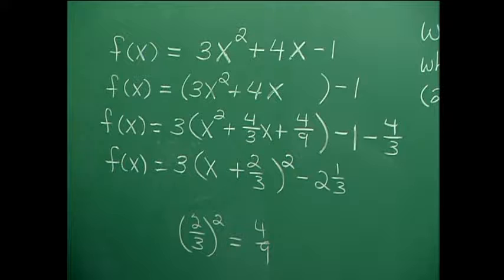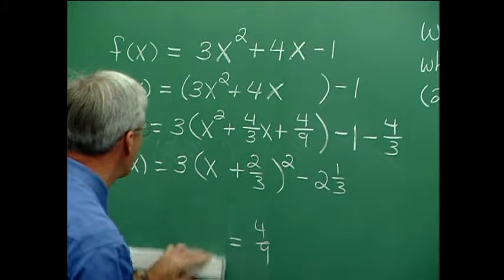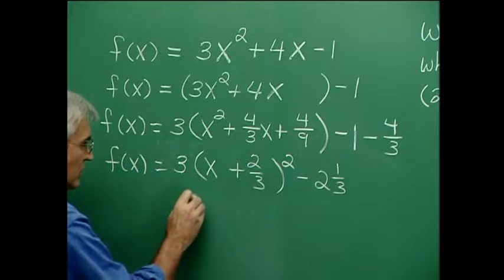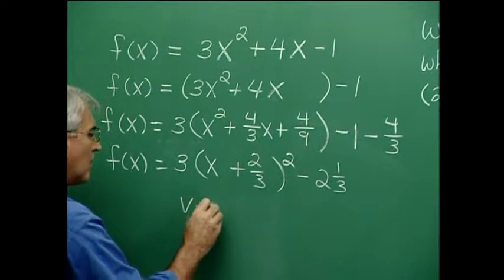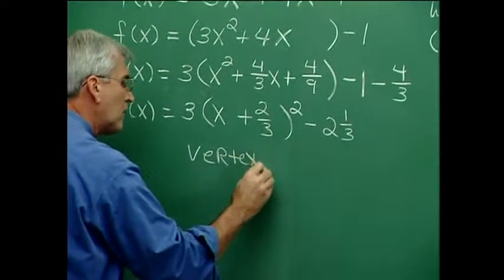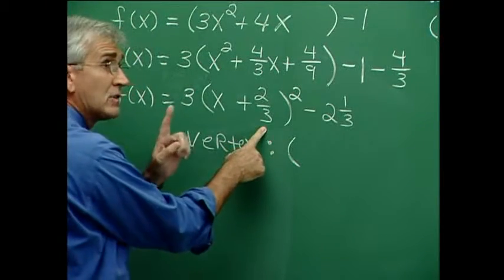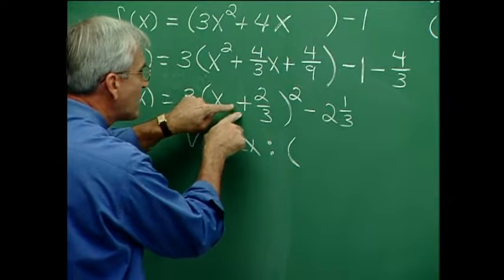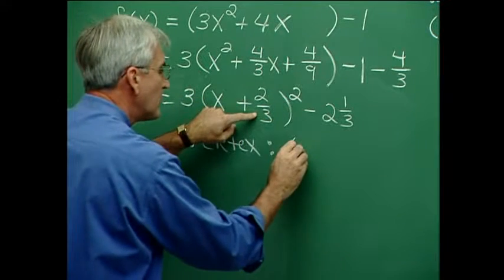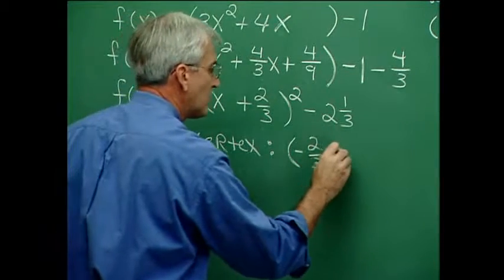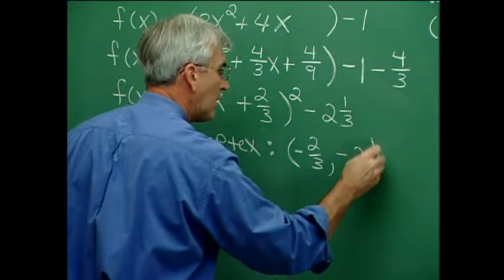Well, now we can imagine the graph here. We can think about a vertex at (h, k). Now the h follows a minus sign, so we have to think of this as minus negative 2/3. So negative 2/3 for the h, and then the k is negative 2 1/3.